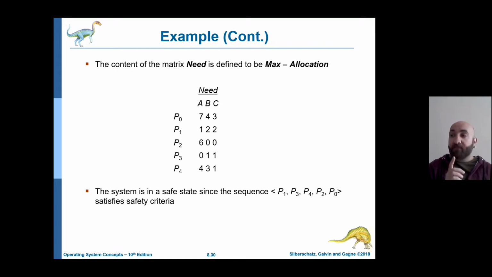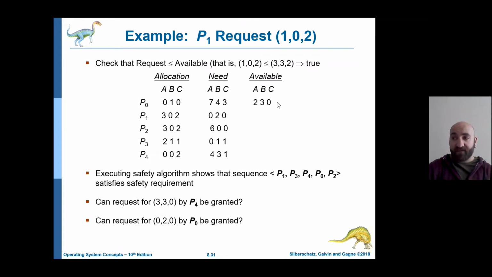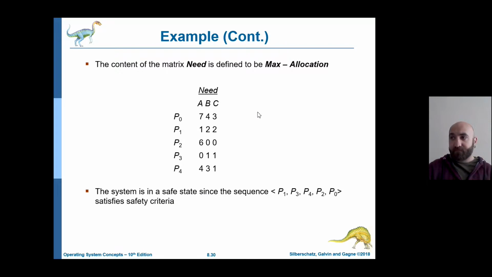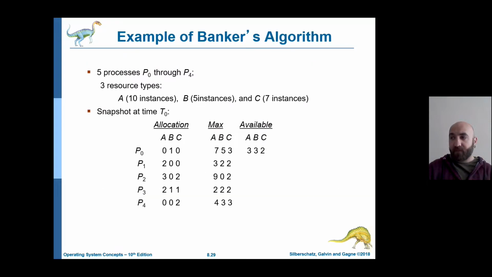Indeed, the sequence process 1, process 3, process 4, process 2, and process 0 satisfies the safety criteria. Because the algorithm works like that. Here, sorry, we have the available vector 3, 3, 2.